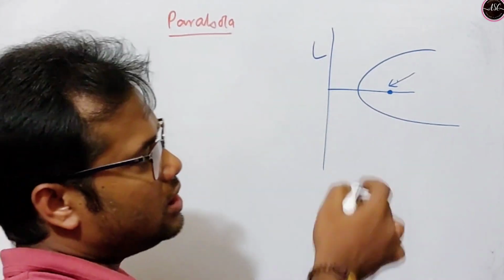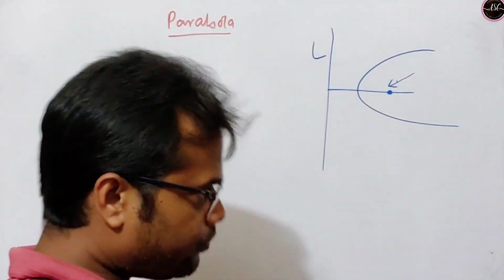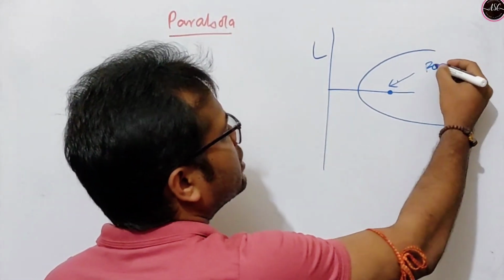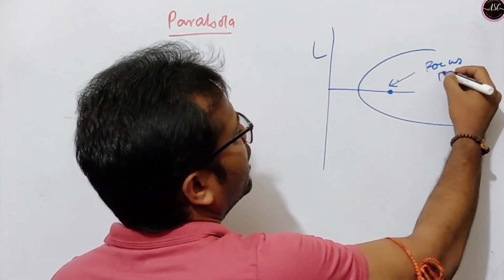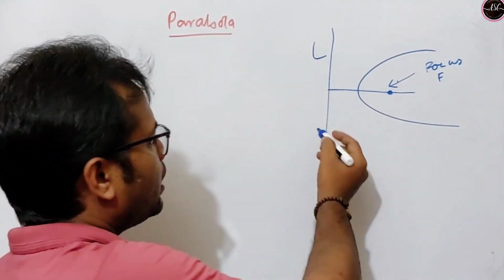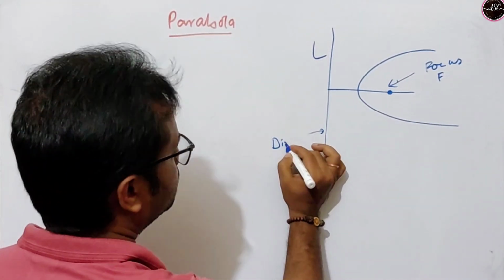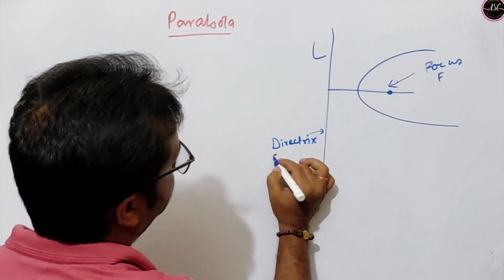Then this curve is called a parabola. This fixed point is called the focus, denoted by F, and this fixed line is called the directrix of the parabola.